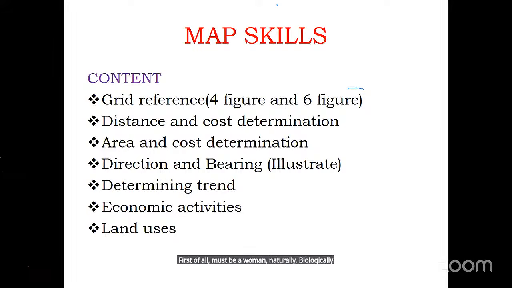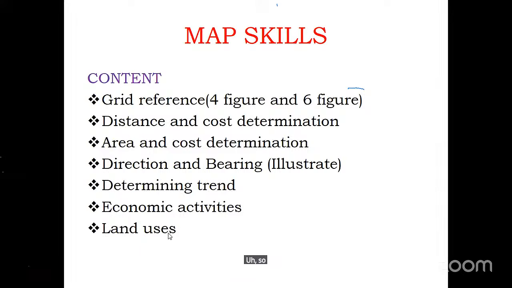Biologically, one has to be a woman. On top of being a woman, she gets the status of a wife. So it's not true that every woman is a wife. So I say that not all economic activities are land uses, and not all land uses are economic activities.